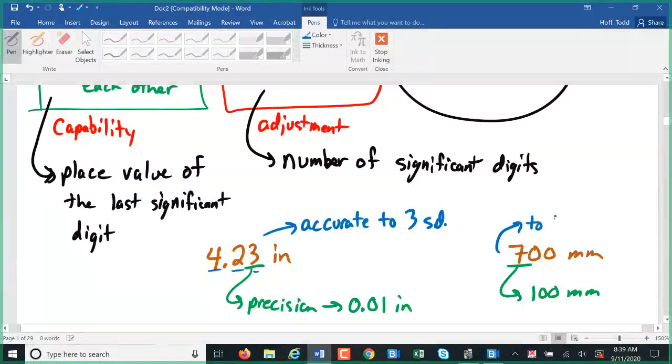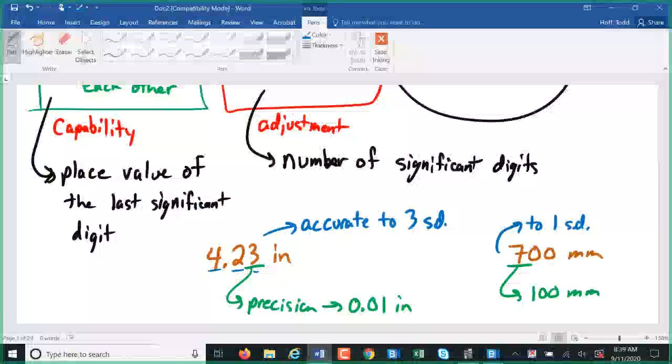This one's only accurate to 1 significant digit. The theory is that every significant digit is getting you closer to your desired target. That one's not quite as easy to reconcile with our common definitions of accuracy as the precision is.